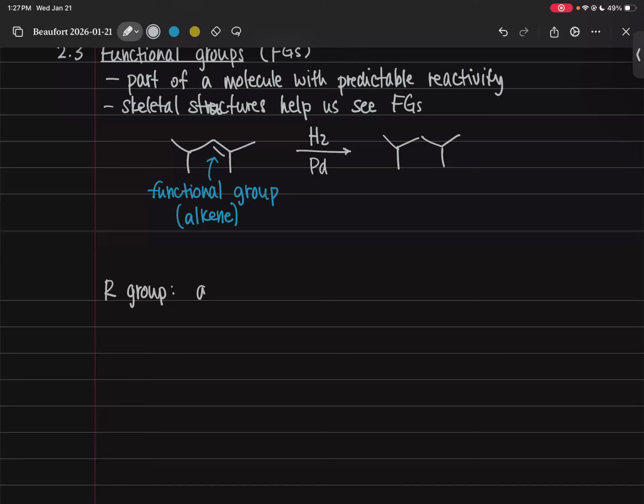And an R group is a variable atom, or more commonly, multiple atoms, attached to a core structure.